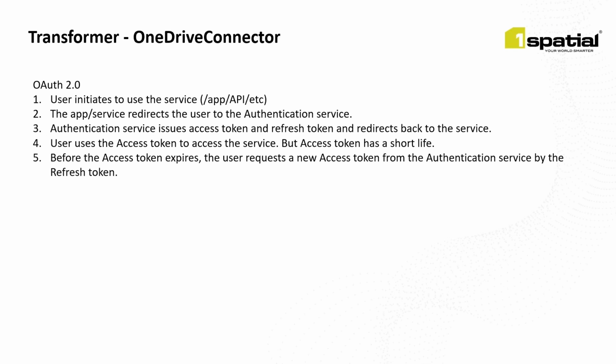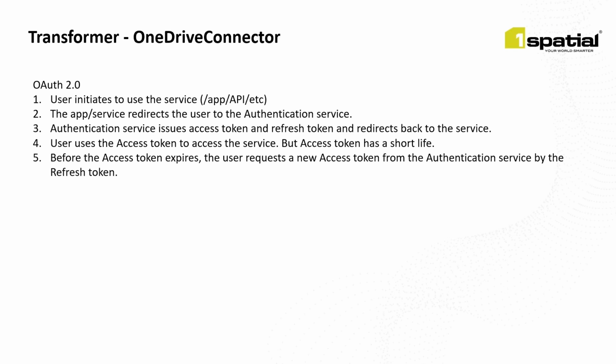So how does this work? The user initiates use of the service or API or app, and the service forwards them to a login page. This is what we could see as the Microsoft login page. Behind the Microsoft login page, it is the Azure Active Directory, or the newer name, Azure Entra ID.